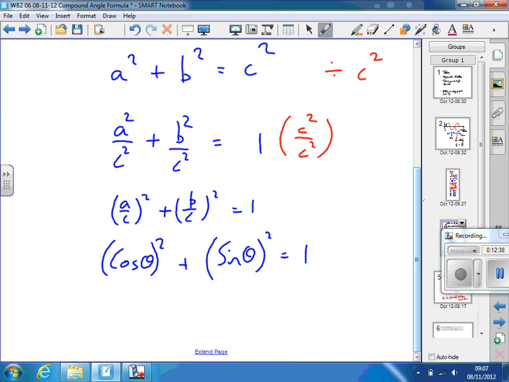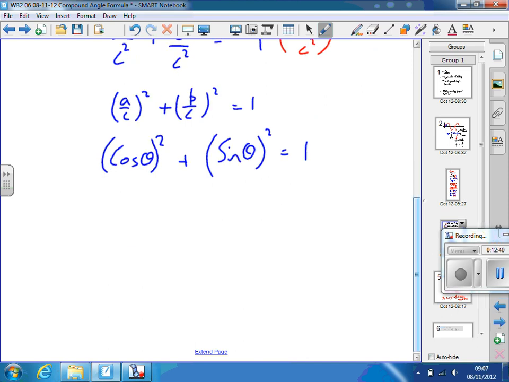And by convention, to save putting these brackets in, we write this as the cosine of theta, and we might have talked about this before. If I put the squared there, that means the cosine of theta all squared. So when you write these things, a little 2 there means the cosine of theta all squared.